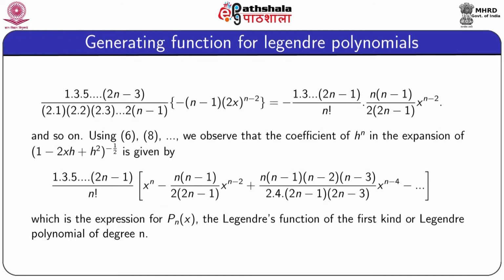Likewise, we can calculate more terms, and ultimately after adding all the terms we will obtain 1.3.5 dot dot 2n minus 1 divided by n factorial multiplied by x to the power n, minus n into n minus 1 divided by 2 into 2n minus 1 x to the power n minus 2, plus n into n minus 1 into n minus 2 into n minus 3 divided by 2.4 into 2n minus 1 into 2n minus 3 x to the power n minus 4, minus dot dot dot, which is the expression for Legendre's function of first kind or Legendre's polynomial of degree n.